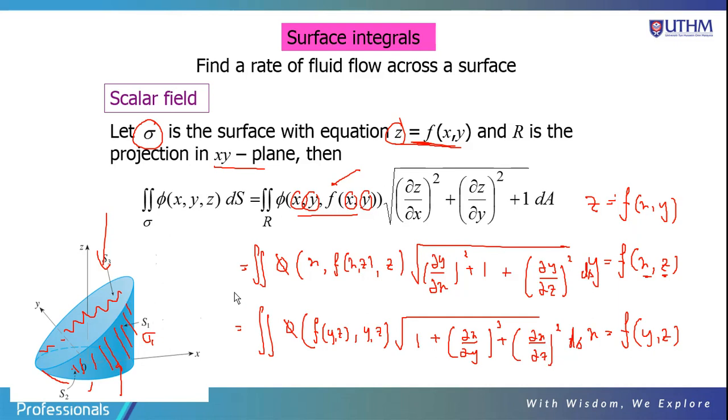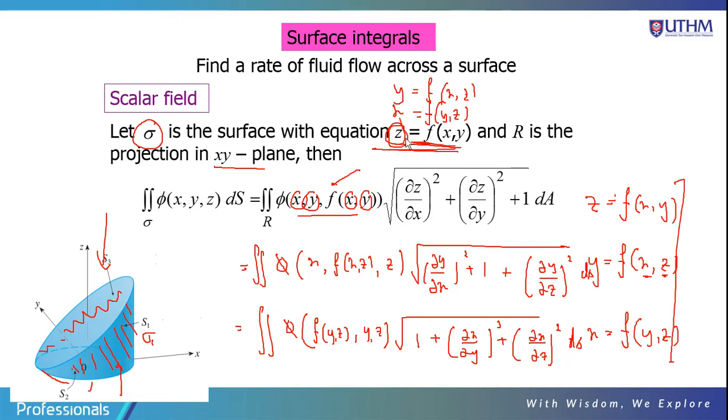So for the surface integral, it depends on the surface equation, whether the surface equation is in terms of z, x or y. If it is x, the function must be in terms of y and z. If the equation is equal to y, the function must be in terms of x and z. The formula is the same, only different for the surface.